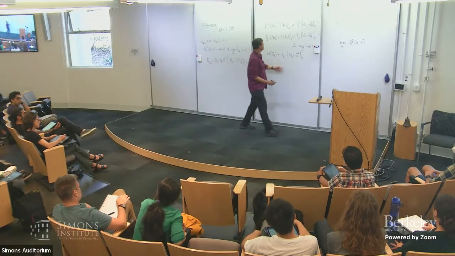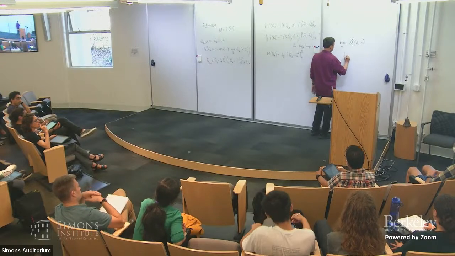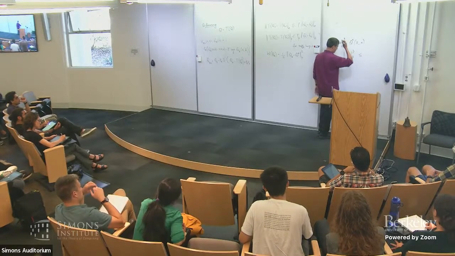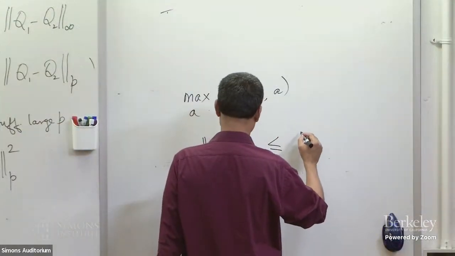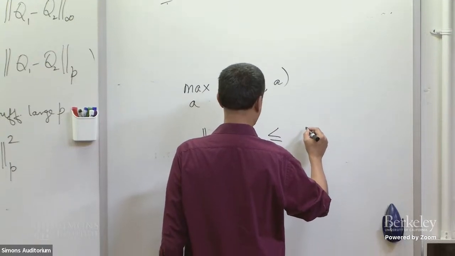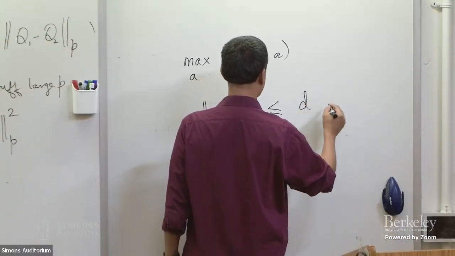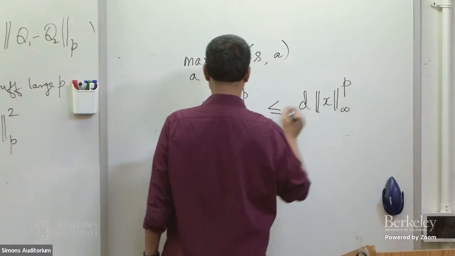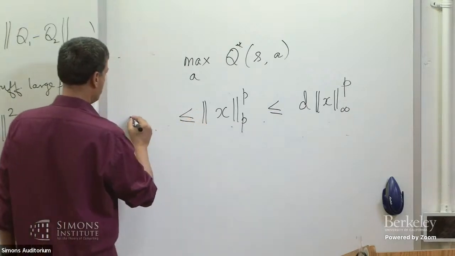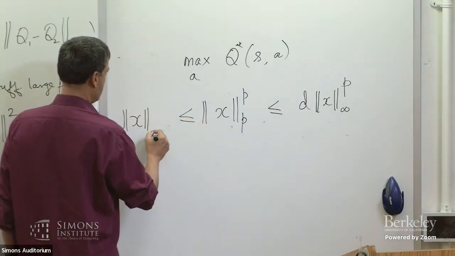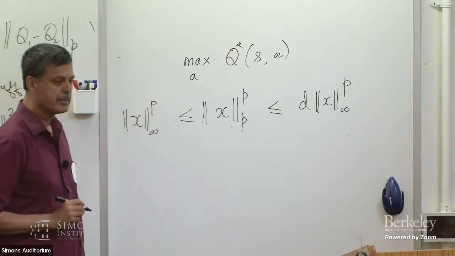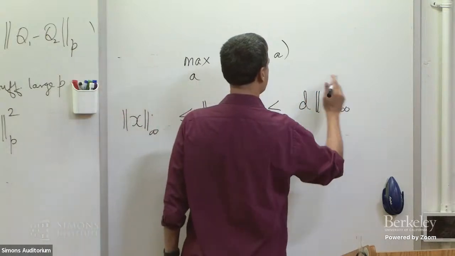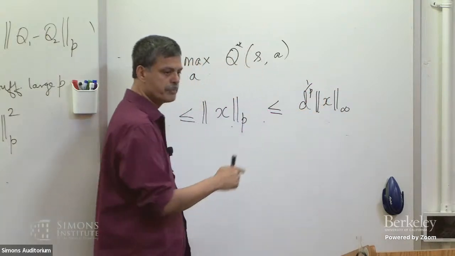If this dimension is D, then the infinity norm is less than or equal to the P norm, which is less than or equal to D raised to the power of 1 over P times the infinity norm, right? So if I do 1 over P, close to 1.